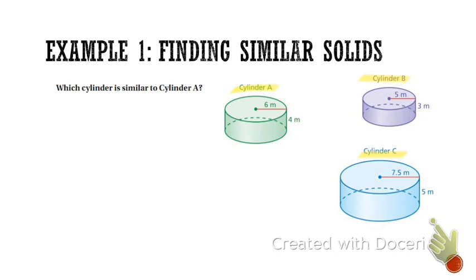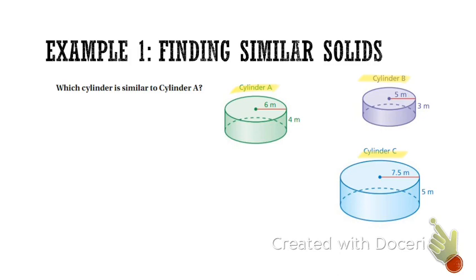Because I'm comparing both cylinder B and C to cylinder A, I have 2 scenarios. The first one is to compare cylinder A to cylinder B. There are many ways that I could set up this proportion, but if you do it this way, it'll make it easier as we get through all 4 examples, and you'll understand why when we get to example 3.